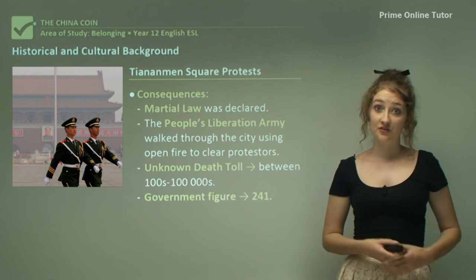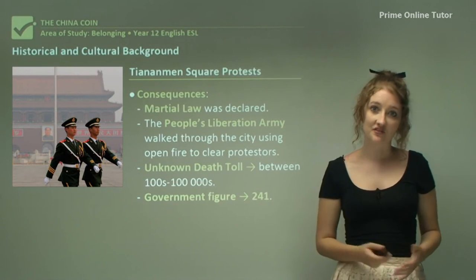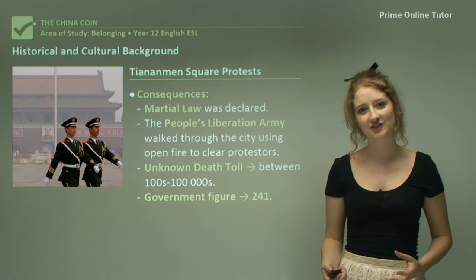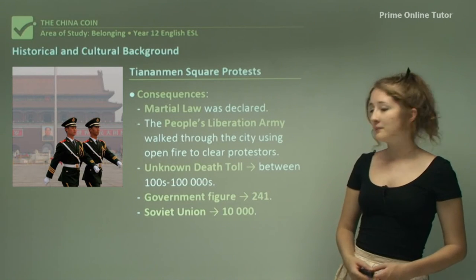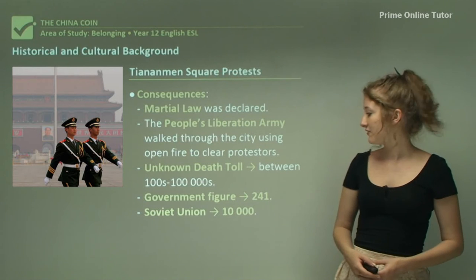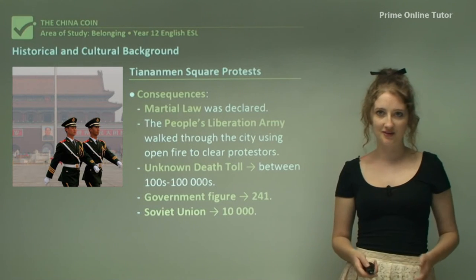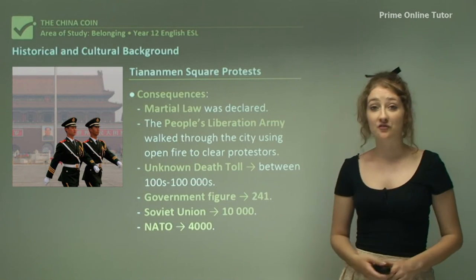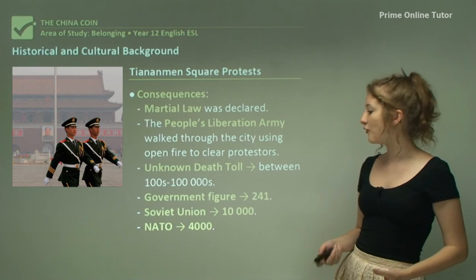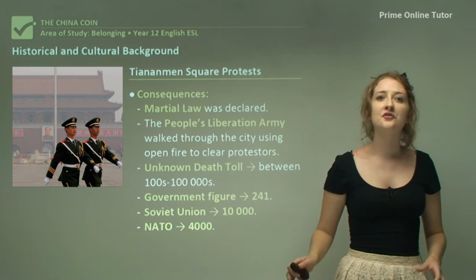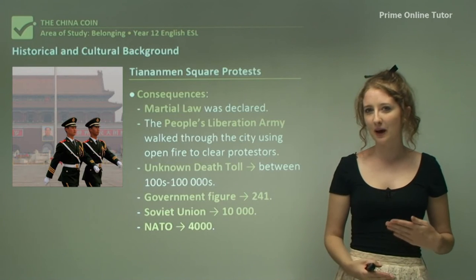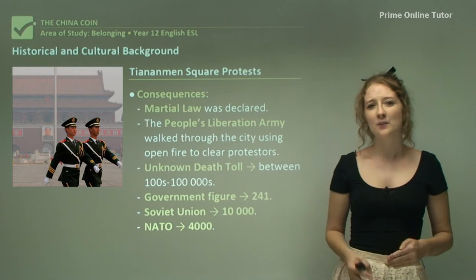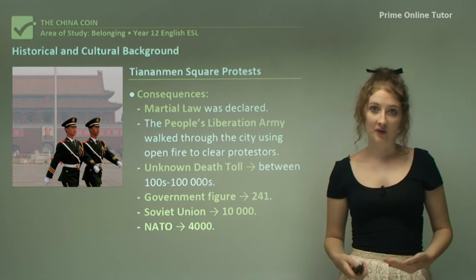The government figure suggests that 241 people died, and on top of that there were a number of injuries. However, figures by the Soviet Union suggest that perhaps 10,000 people died. We also have the figure of NATO, which suggests that 4,000 people died. So there's a lot of variety in the statistics about what actually happened that day, and we're getting a bit of discrepancy about what occurred.